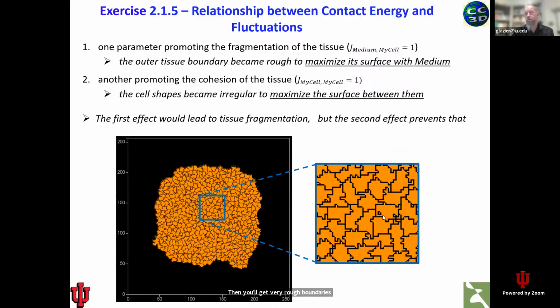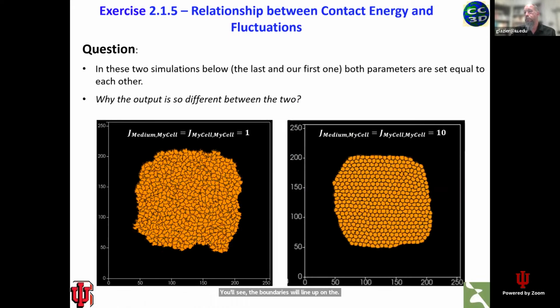You may even get single pixels that separate from the cells. If it's large, you'll get very smooth boundaries. And if the contact energy is too large compared to the fluctuations, you'll see the boundaries will line up on the lattice sites, lattice orientation. So here's an example. Here's J medium-cell equals J cell-cell equals 1.